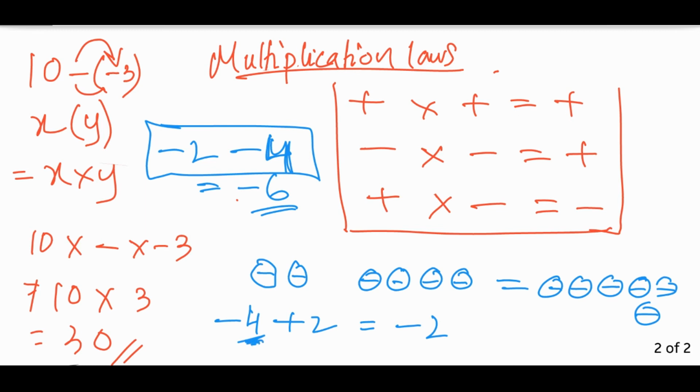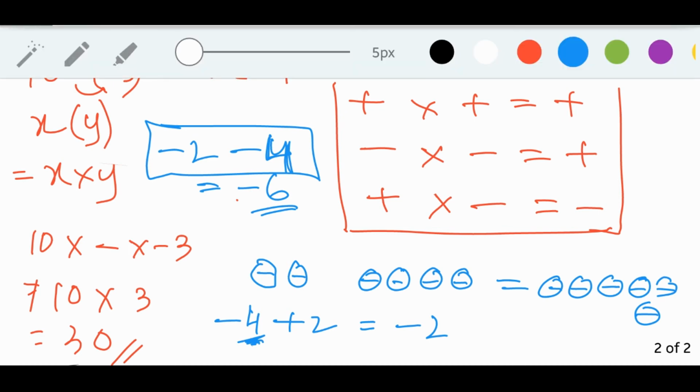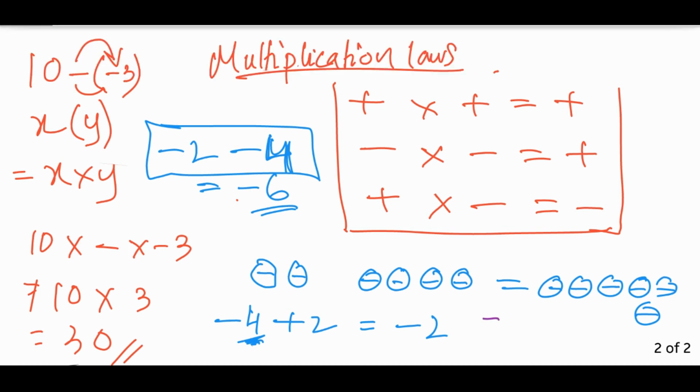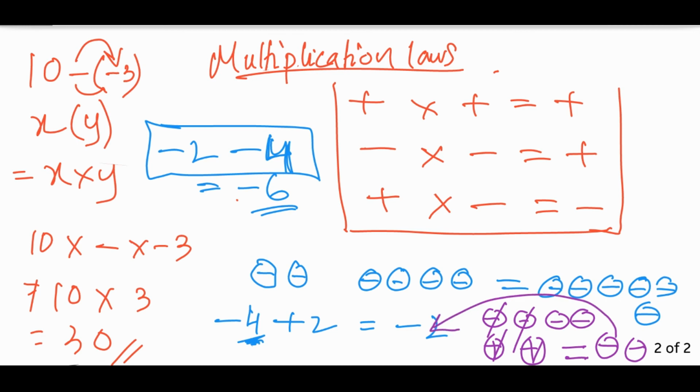How this makes sense is if I have 4 negative particles and 2 positive particles, the positive and negative cancel out, leaving us with 2 negative particles, right? So these 2 negative particles are the answer.